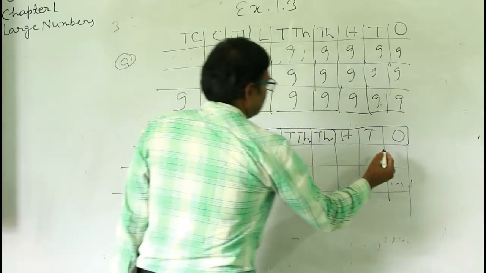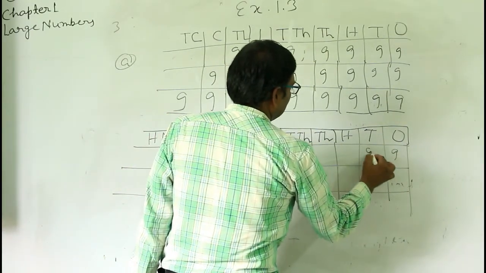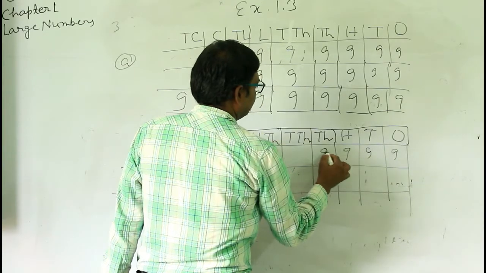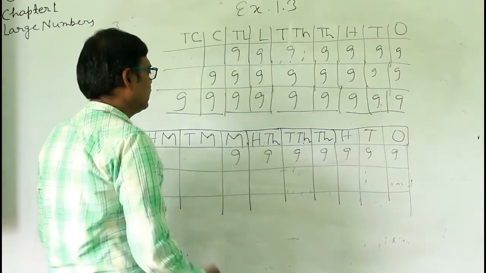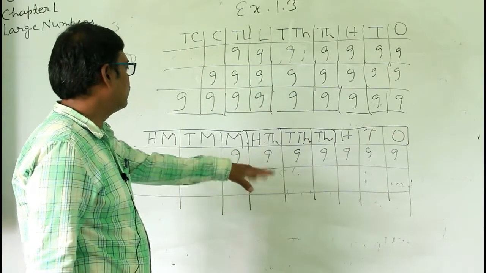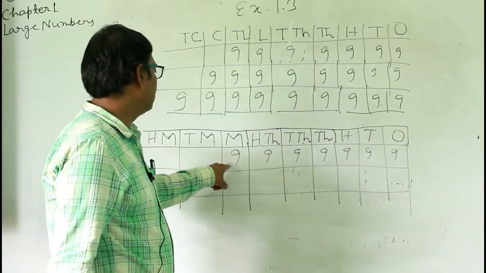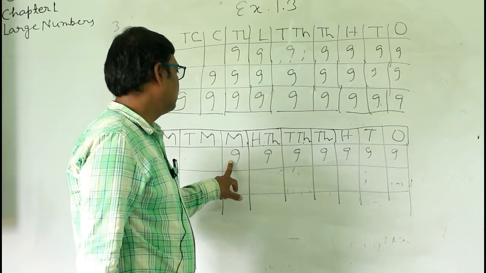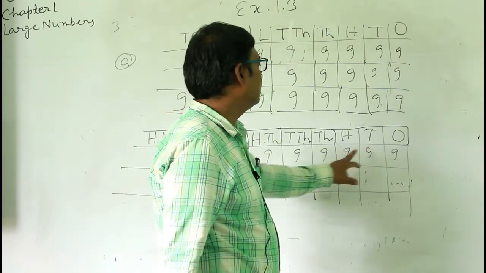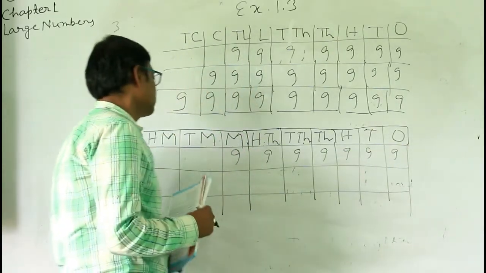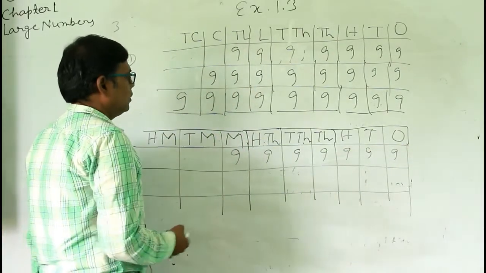Okay. Here, in the first case, 7 digits are there. So this is the first answer. Then how do you read this number? This is million, 9,999,999. This is the name of the first. And next, the 8-digit number.